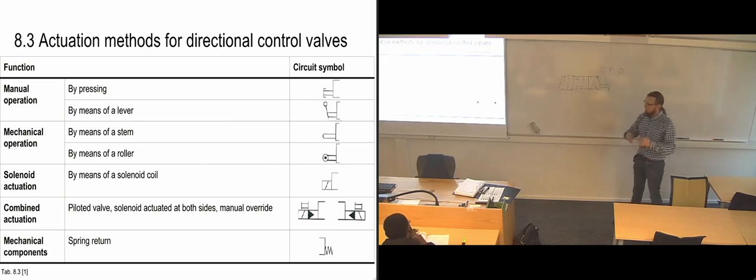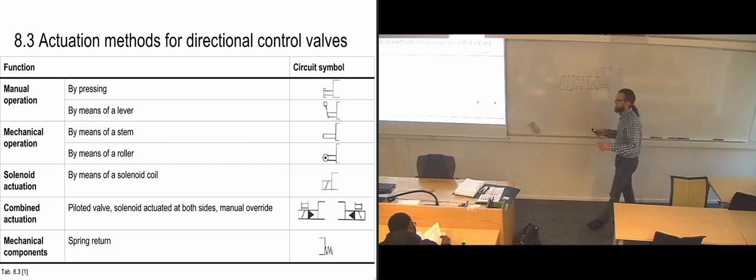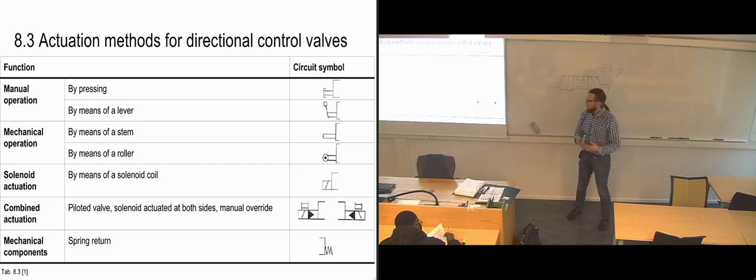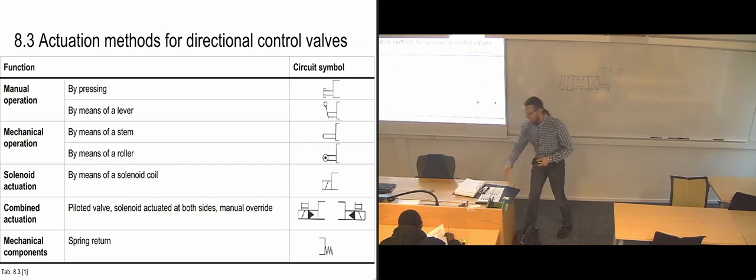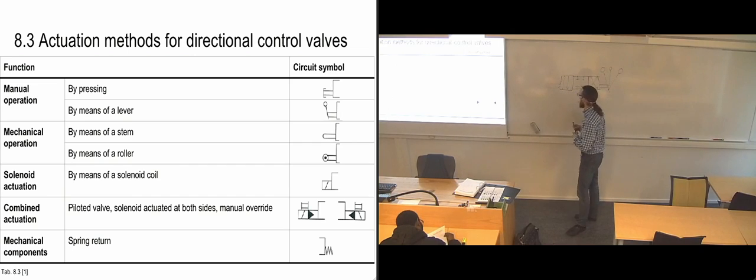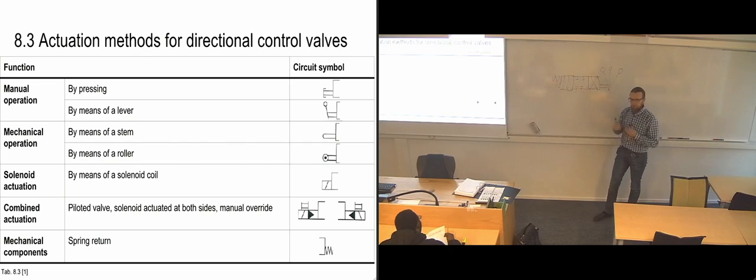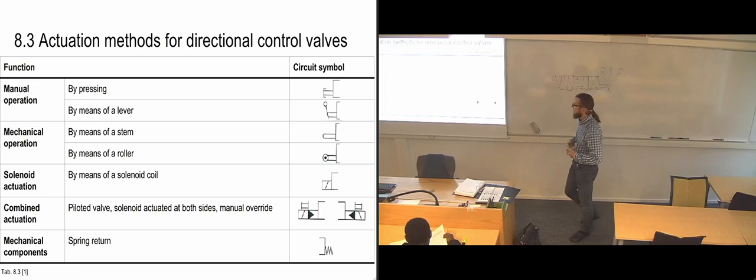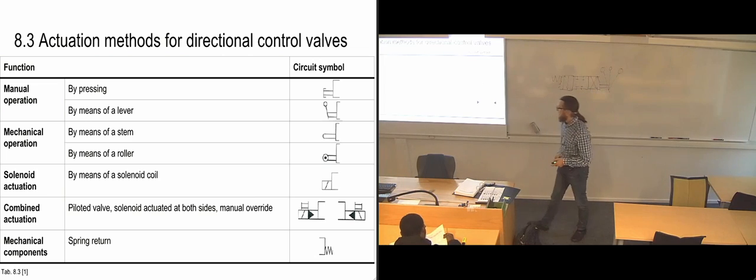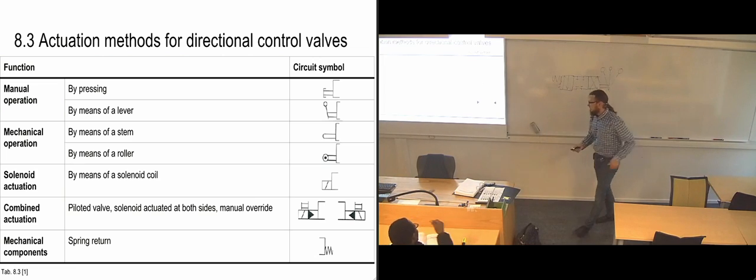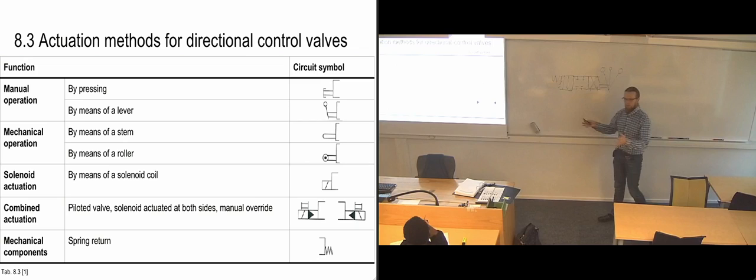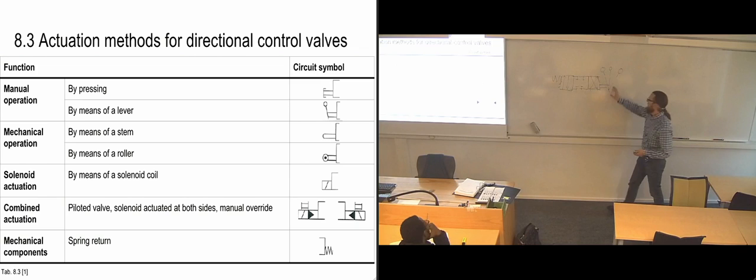And then you have the purely mechanical components located inside the valve. We're still showing the symbol on the outside of it to show that it works as an actuation method, but the springs are located inside the valve usually, so you can see the springs on it. So you basically just have to know that it's a spring-operated valve, especially if it's a solenoid one where you can't actually push and pull.